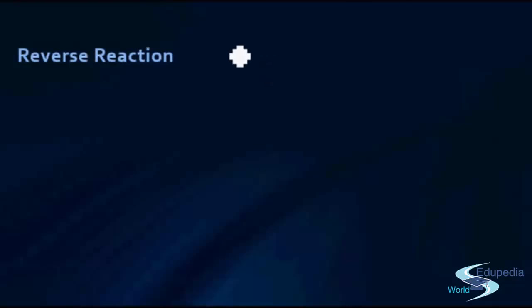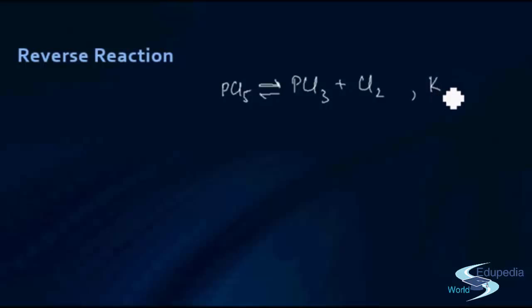If I have any given chemical reaction, let's say I have PCl5 going to PCl3 plus Cl2. This is one way of writing this reaction, where PCl5 is your reactant and is written on the left hand side. I know that the equilibrium constant for this is given as K1.